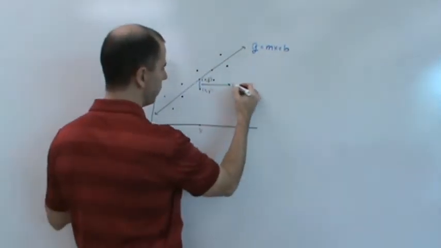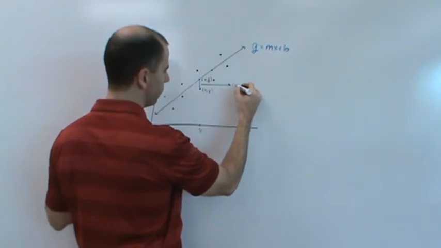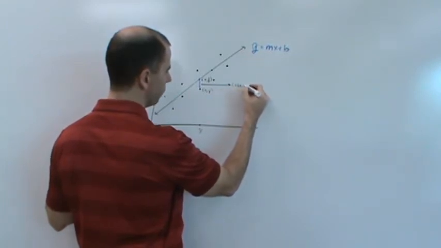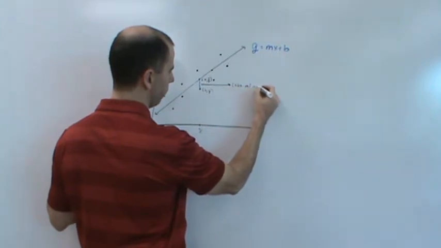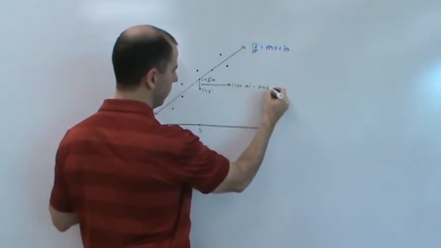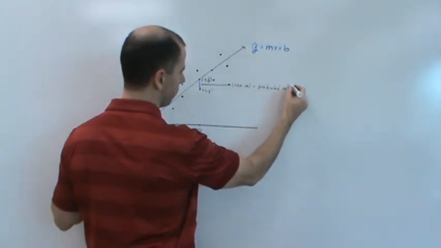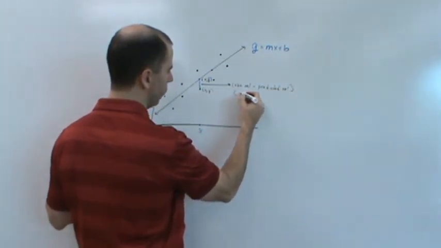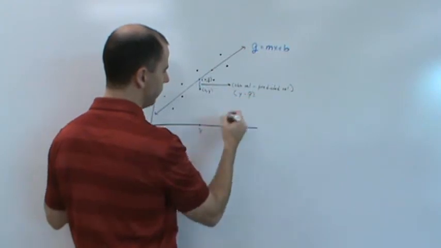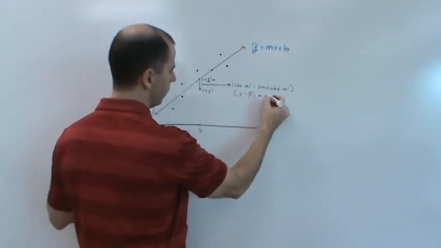So the residual is the observed value minus the predicted value. In other words, it's y minus y hat. And that's what we call the residual.